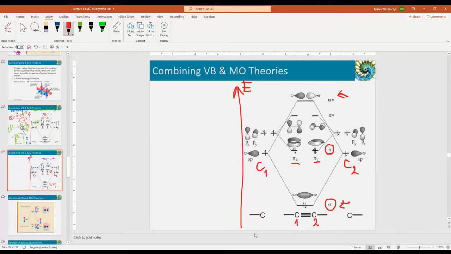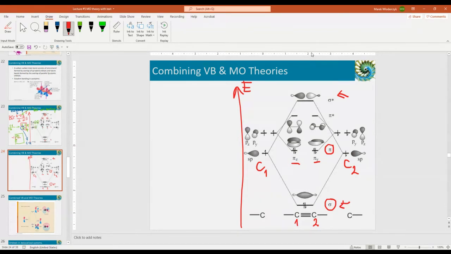Okay, so that means that the energy difference between bonding and anti-bonding pi bonds will be smaller, and that's why they are in between there. And also the other thing is that this is the theoretical situation. There are situations where the sigma anti-bonding might be lower in energy than any anti-bonding for the pi bonds, but we are not going to deal with those. Okay, so don't worry about that.